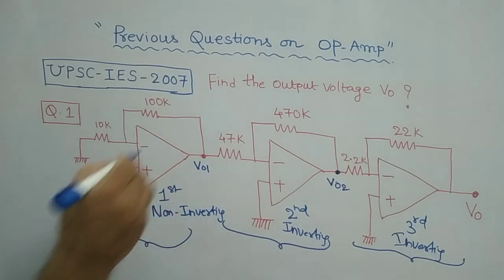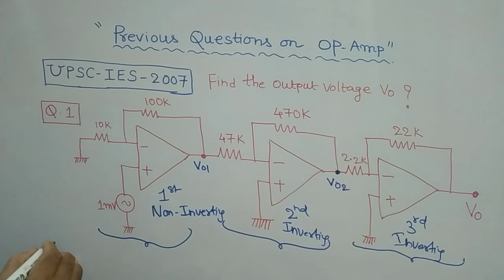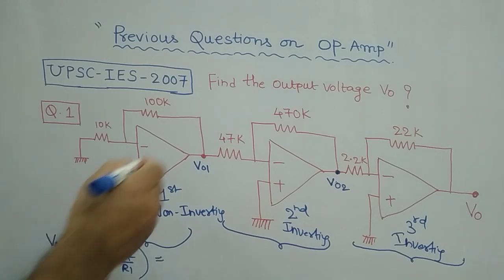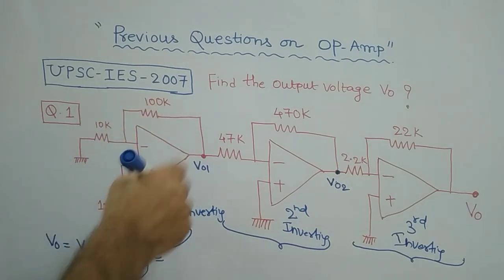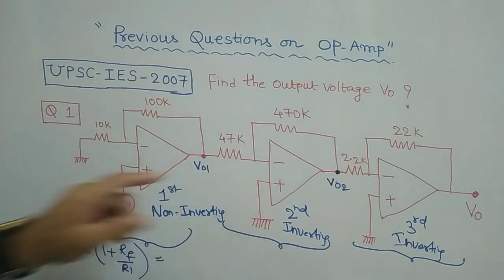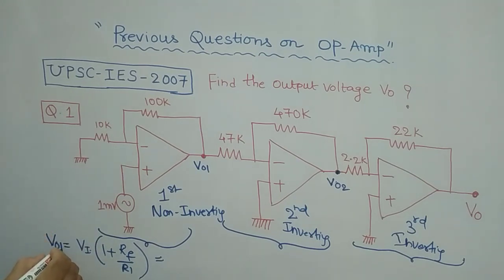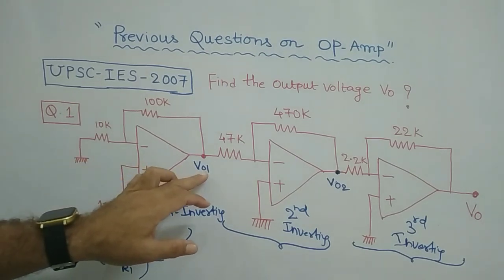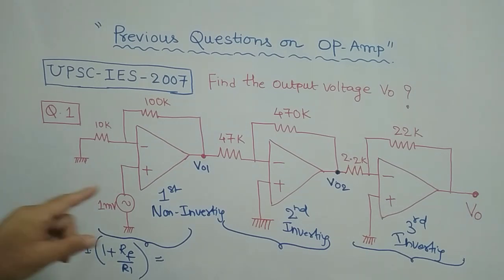For the first stage, a non-inverting amplifier, what is the output? V naught is equal to Vi into 1 plus Rf by R1. This is the formula. Here the output is V01, so V01 is equal to the input Vi into 1 plus Rf by R1.